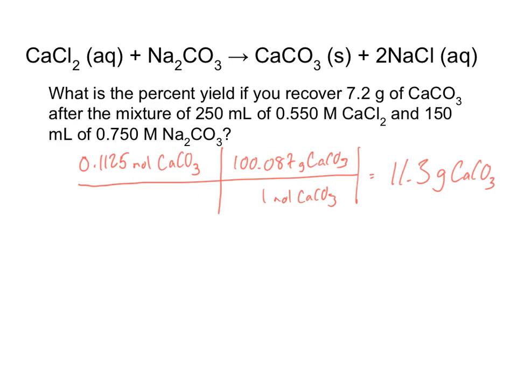In our particular reaction, though, we were able to actually recover 7.2 grams of calcium carbonate. And so our final step to calculate our percent yield, we will take our actual amount recovered, divided by our theoretical yield, multiply by 100 for a percent yield in this reaction of 63.7%.